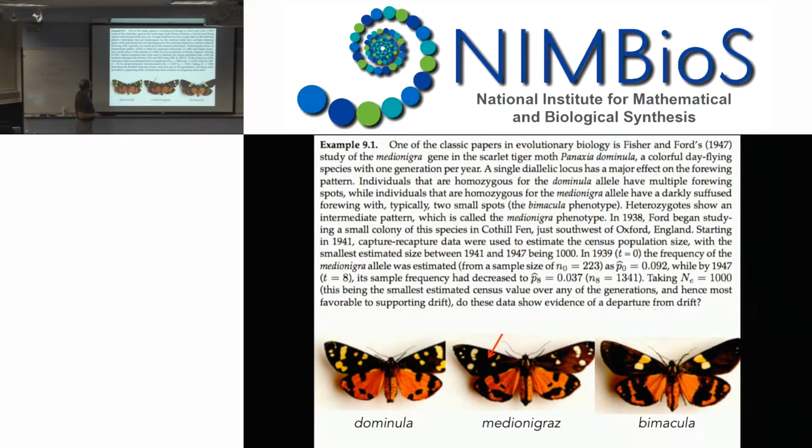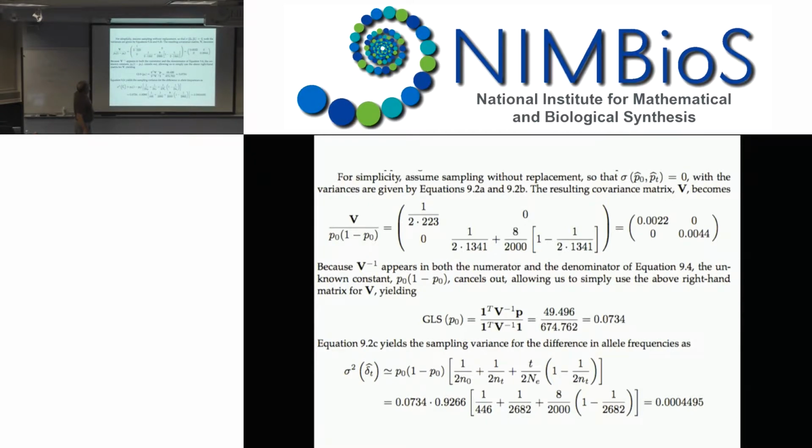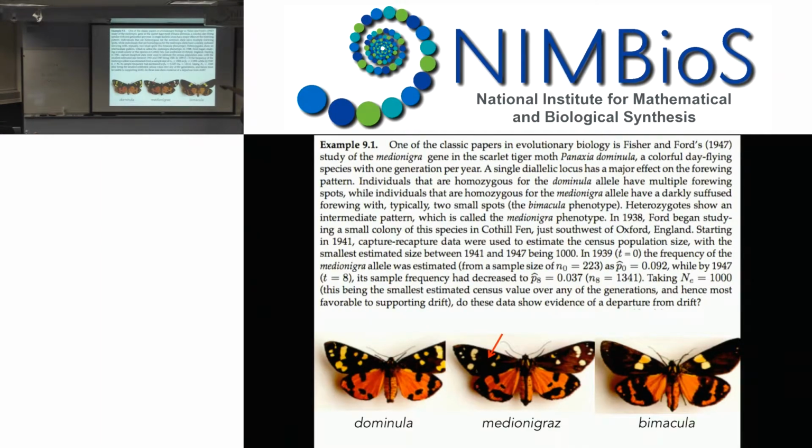What they observed was the frequency of this allele went from about 9% to about 4% in an 8-year period. They have the effective population sizes here. What you can basically then do is for this 2 sample, you can first of all figure out the variance from the data here about sample sizes.